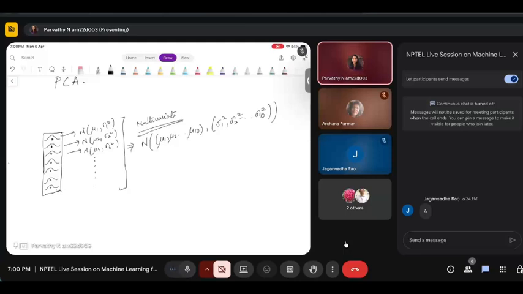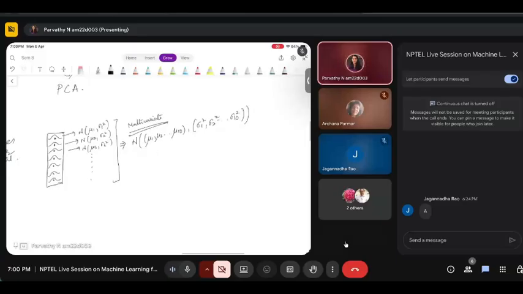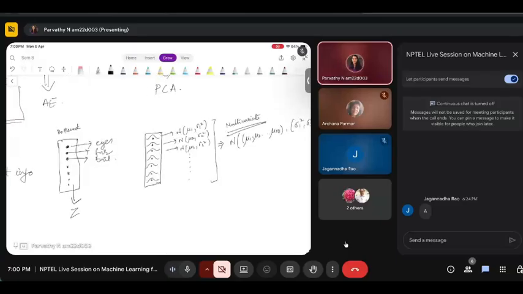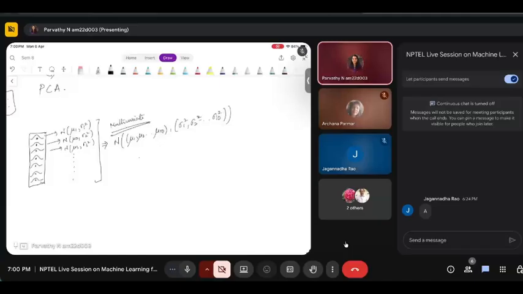So if you don't model it as a distribution, the issue with the autoencoder is that these will be just some random samples in the data. But when you model it as a distribution, each of these might belong to some distribution like this.